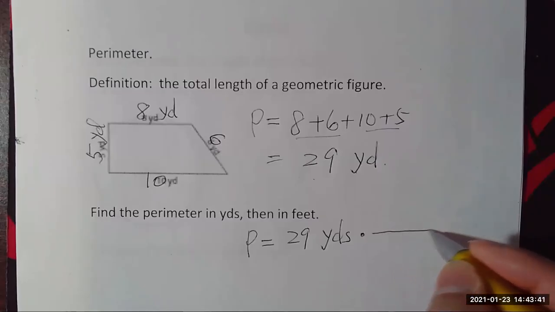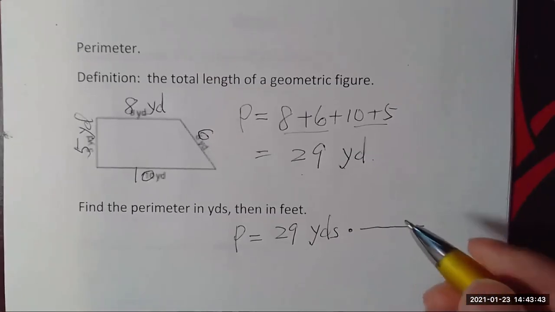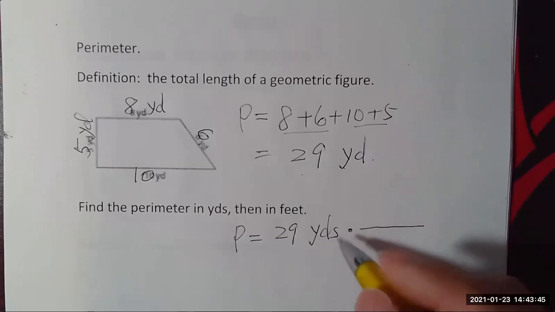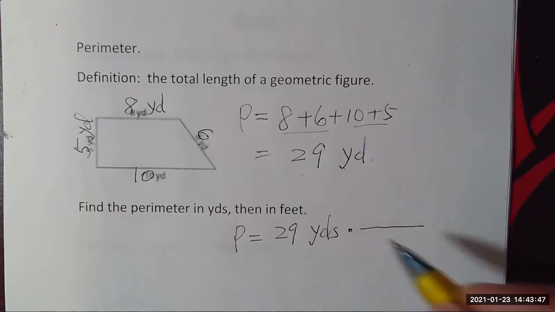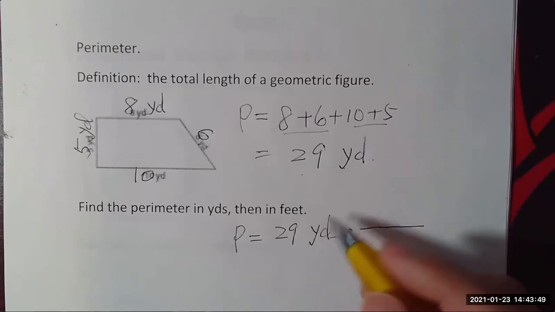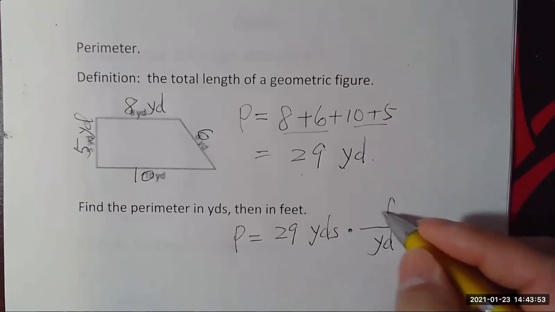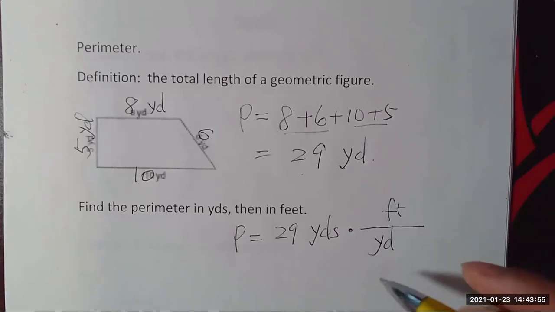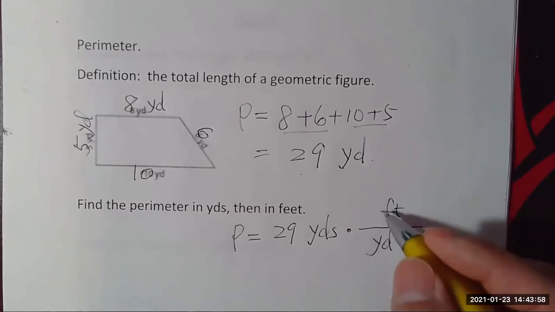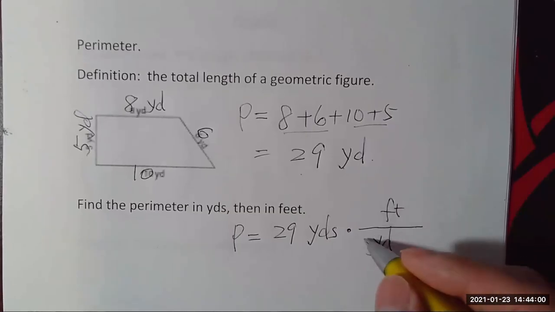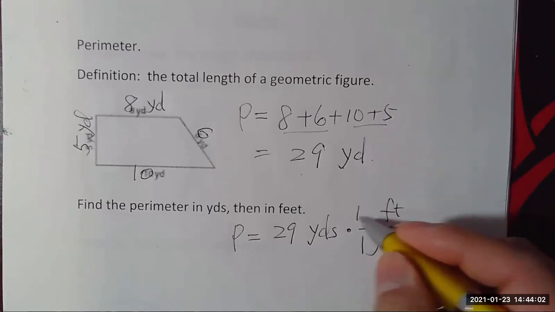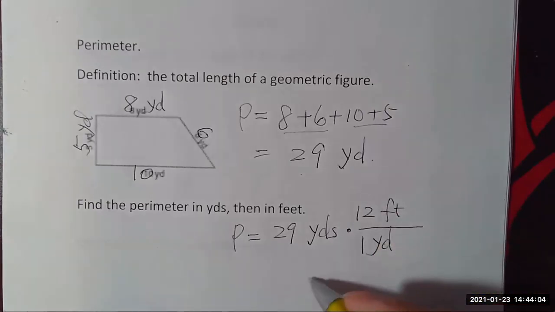So basically you use the dimensional analysis method, in which you try to have the other unit on the bottom so that you can cancel the given unit. So we have yards on the bottom, we want to have feet. So that's the setup. Now the conversion factor between these two is that 1 yard equals 12 feet.